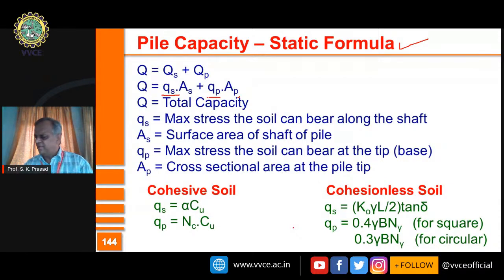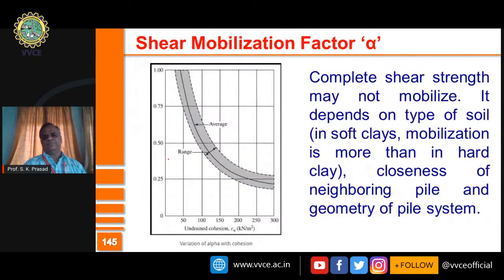Delta is close to phi, the friction angle, or sometimes it may be lower also. It all depends. So qs is K0 into gamma L by 2 into tan delta, whereas qp is equal to 0.3 or 0.4 gamma B N gamma. So this is how you find out the pile carrying capacity.